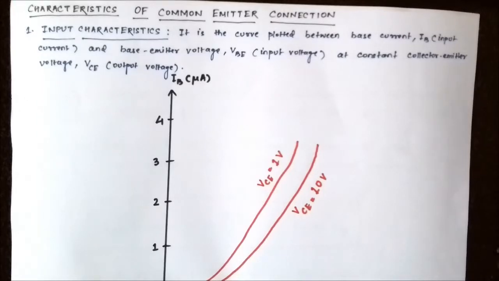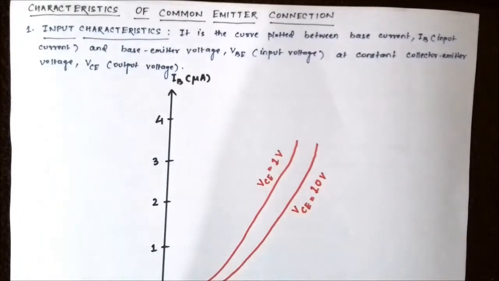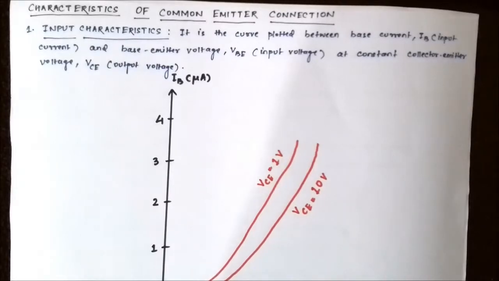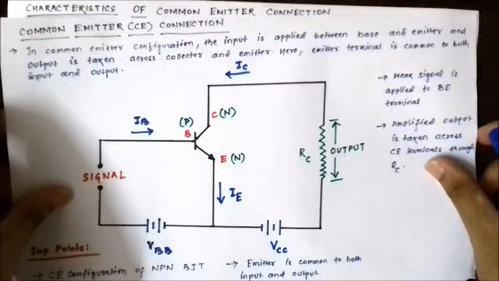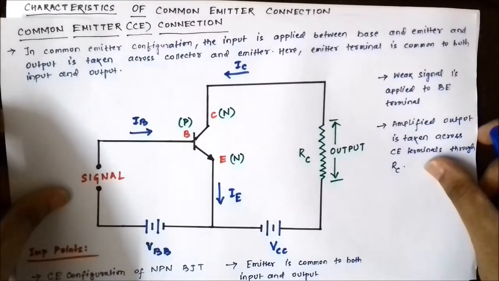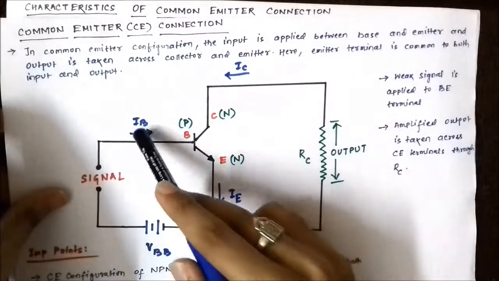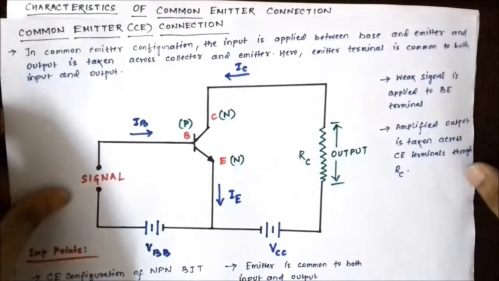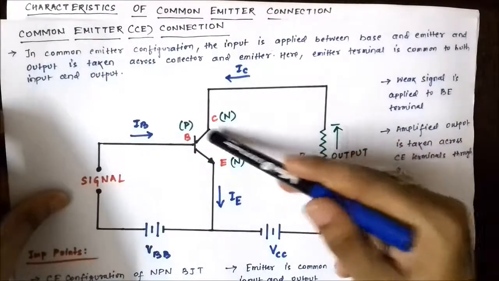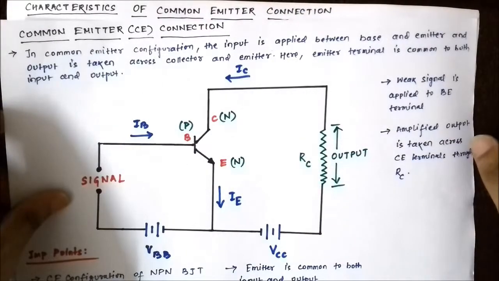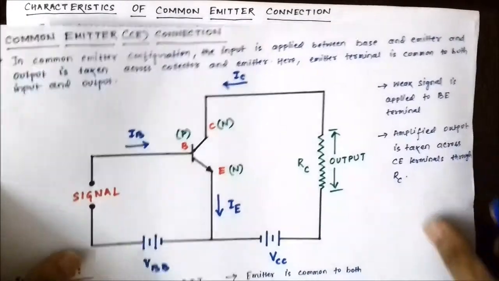In case of the common emitter connection, as you can see here, the input current is IB and the input voltage is VBE, base emitter voltage, on this side. The output current is collector current IC and the output voltage is VCE, this side towards the right. So this is all about the input and output currents and voltages.